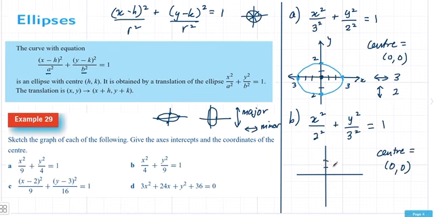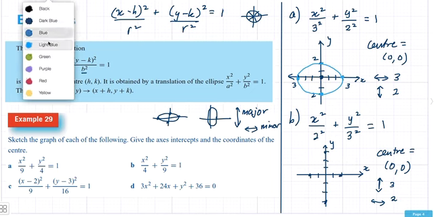But we can see here that in the y direction, we're going to be going 3 as a sort of radius, and in the x direction, our semi-axis is going to be 2. So it's basically the same ellipse that's been spun around 90 degrees.